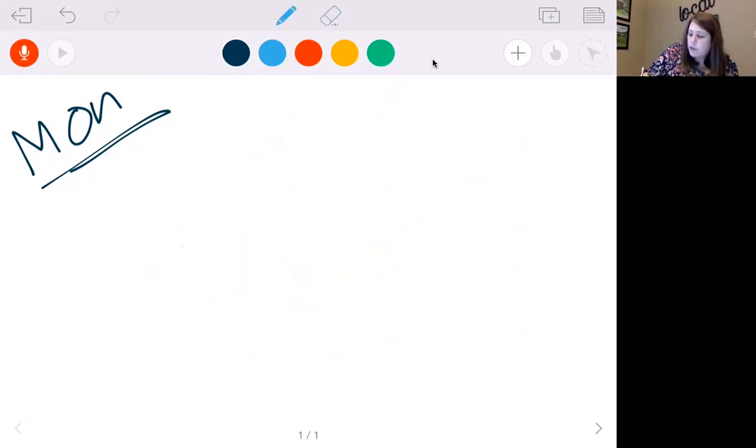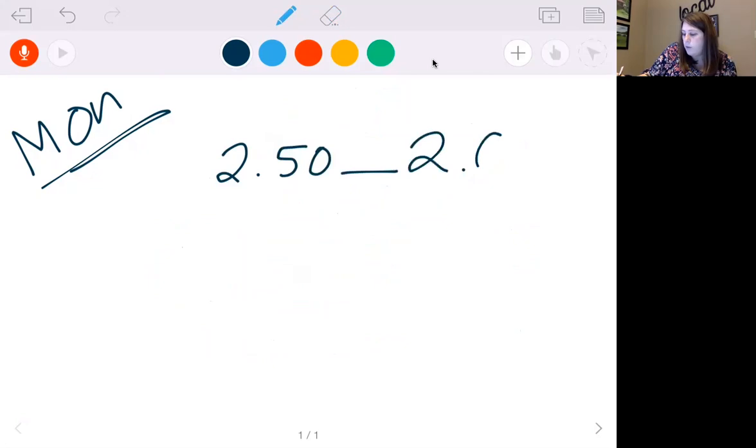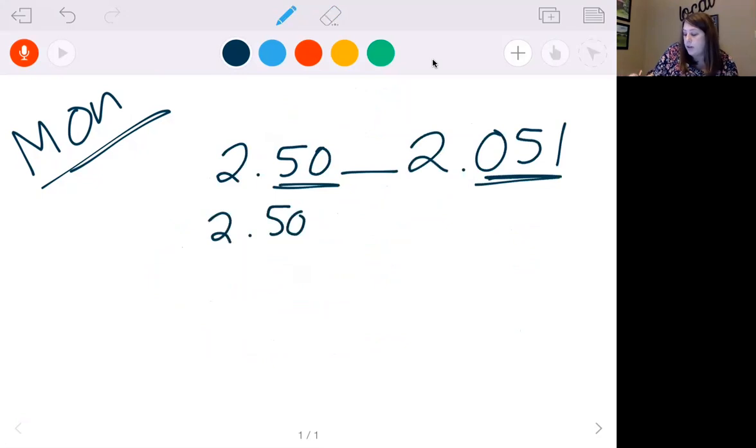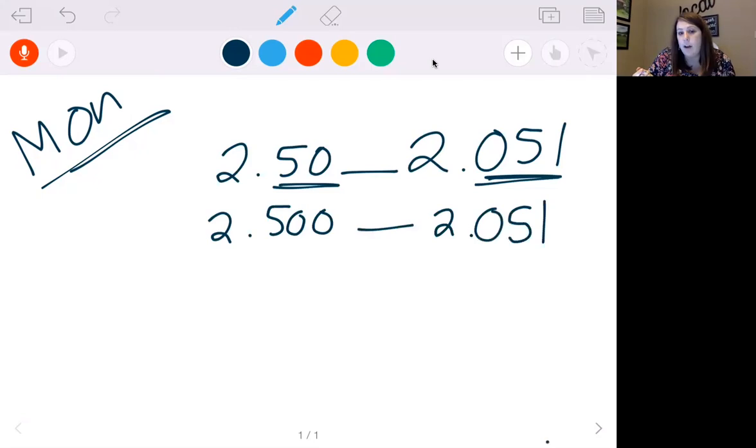So if you have 2 and 50 hundredths and 2 and 51 thousandths, I have 50 hundredths here, 51 thousandths. If I wanted to add another 0 on the end to make it easier, that makes it easier if they all have the same places. So 500 versus 51, 500 is going to be a lot bigger, so it's greater than.